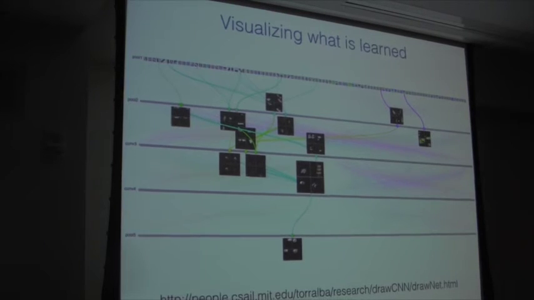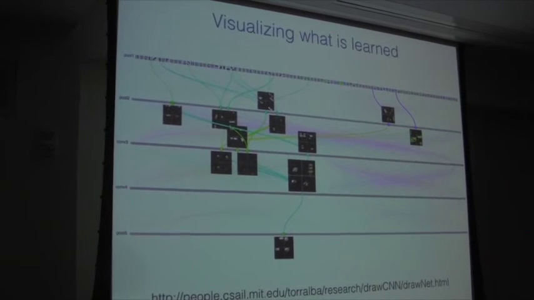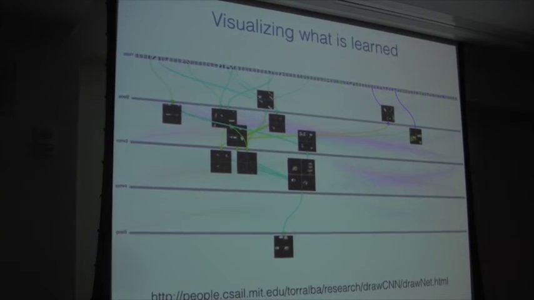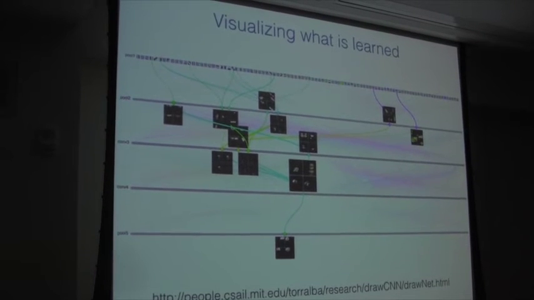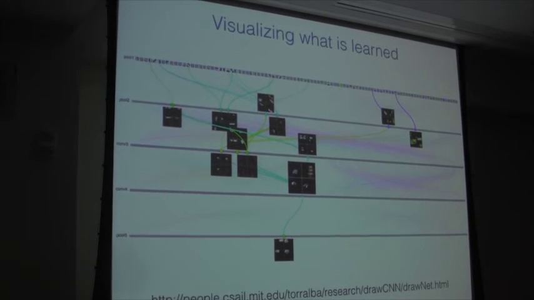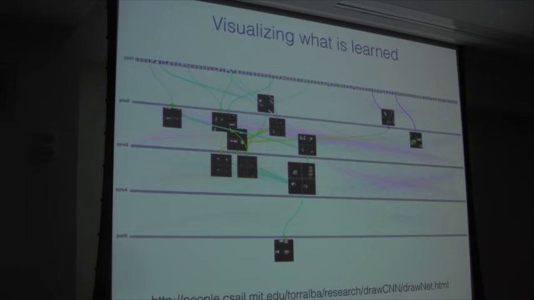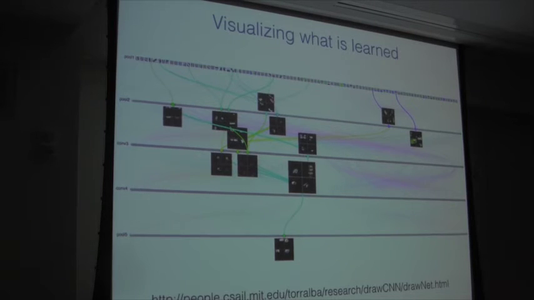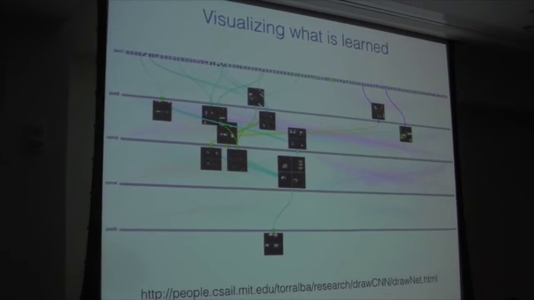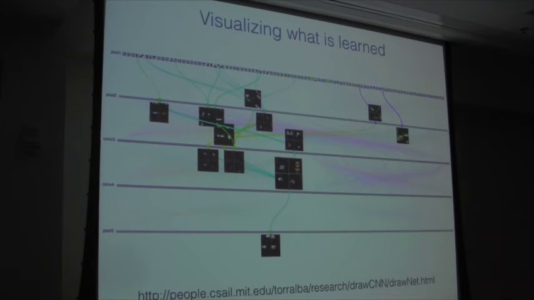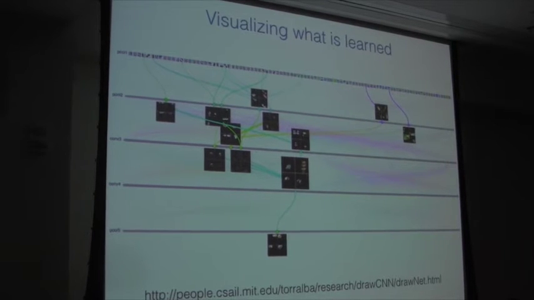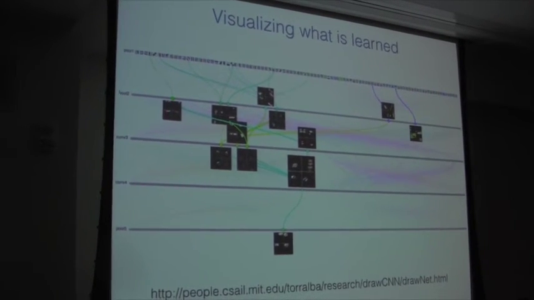And then you can take the entire network and you can click on nodes in the network and see the connectivity to other nodes. And you can also see the receptive fields of the neurons. It's like having a brain where you can just probe anything you want and see what it responds to. So it's a lot of fun to play with and gives some intuition. So I'll just say that you guys should check it out. We'll be posting these slides, and you can get the link there.